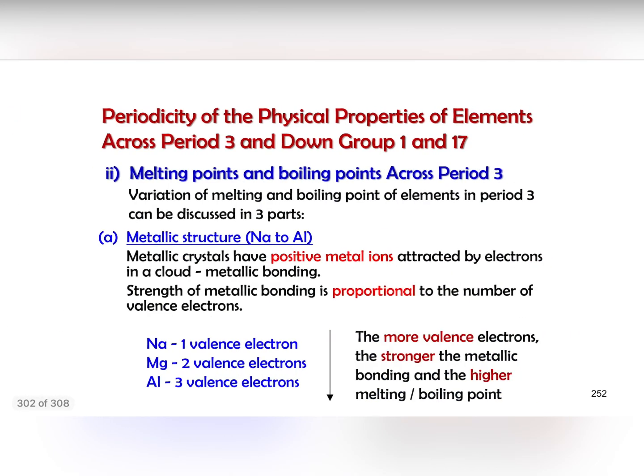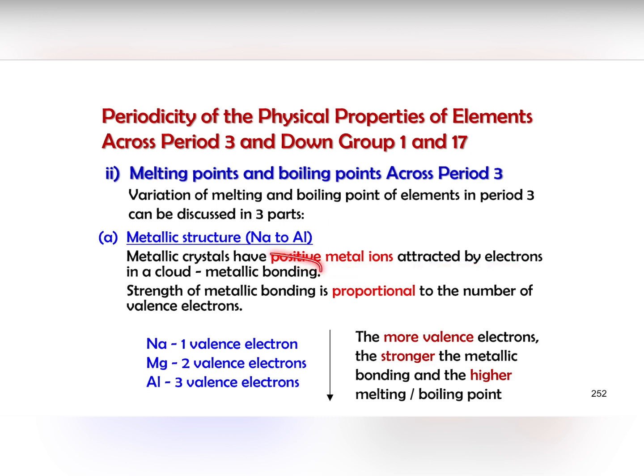Okay, so melting point and boiling point across period 3 are a bit special. There are a few variations. First let's look between sodium to aluminium. Sodium has 1 valence electron, magnesium has 2 valence electrons, aluminium has 3 valence electrons. The metallic crystal has positive metal ions attracted by electrons in a cloud.